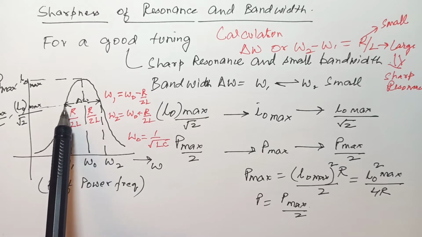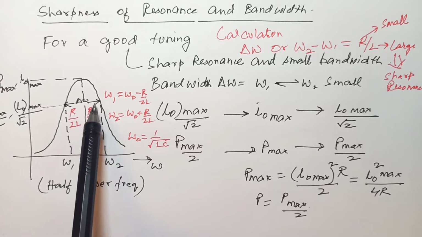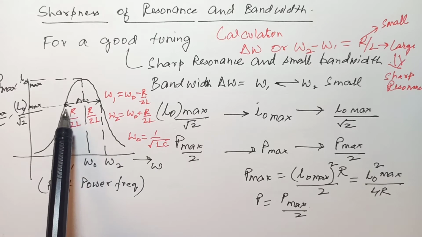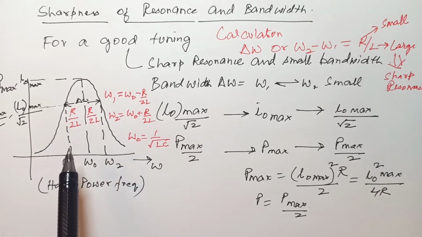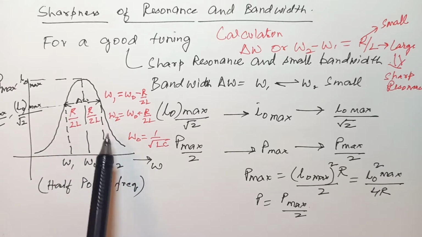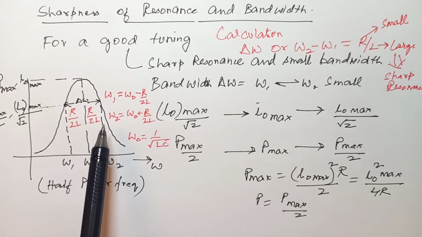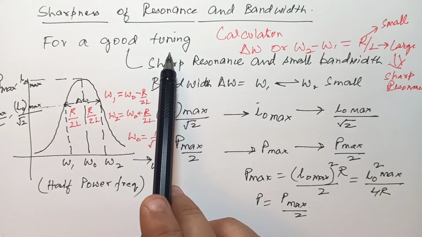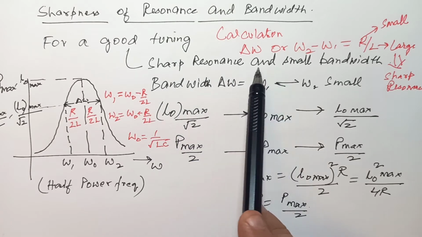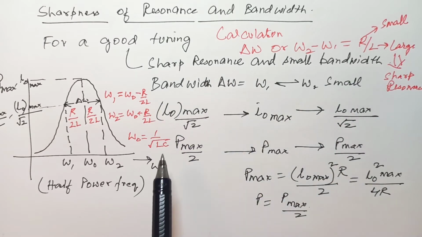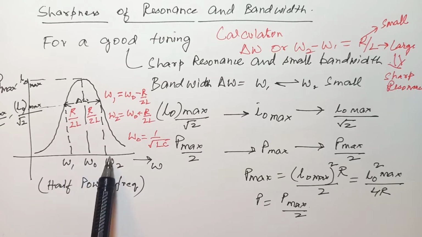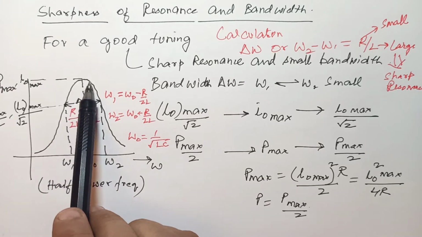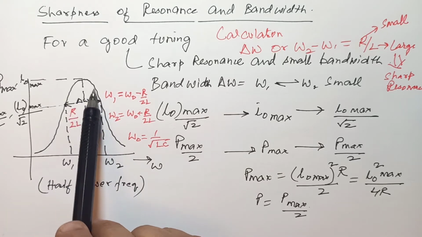Now anything below this, of course, will have a very less current, and hence the voice would not be clear or distinct enough to be heard. Okay, now that's what I've written here, that for a good tuning, you need sharp resonance and small bandwidth.